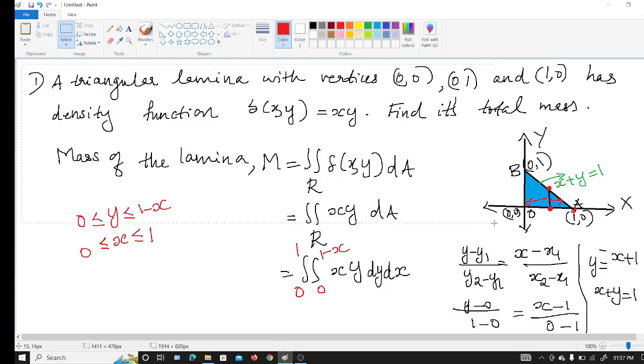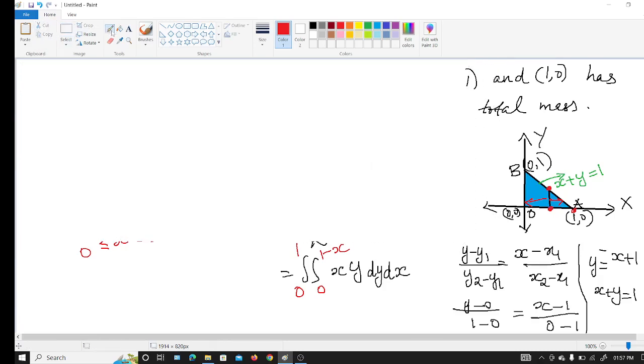Now that is equal to the integral from 0 to 1. First we can integrate with respect to y.